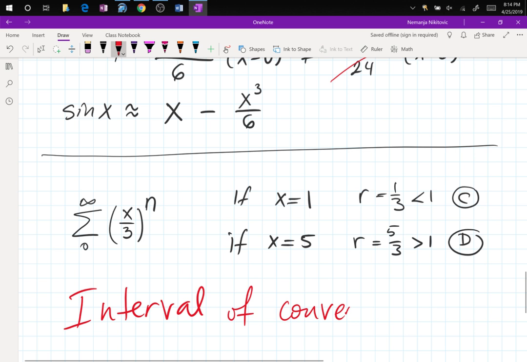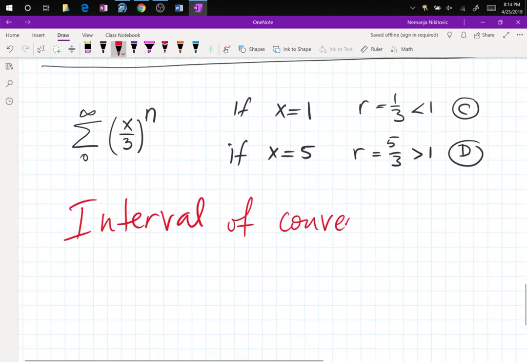If x is -2, when n is even, I'm going to get a positive number. When n gets to be odd, I get a negative number. Yes, but we don't have to worry about it, because it's convergent by the geometric series. In a geometric series you have absolute r less than 1, it converges, right? So you can have positive or negative, it doesn't matter.